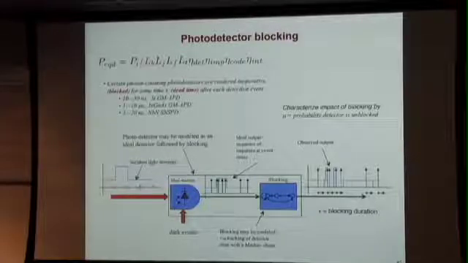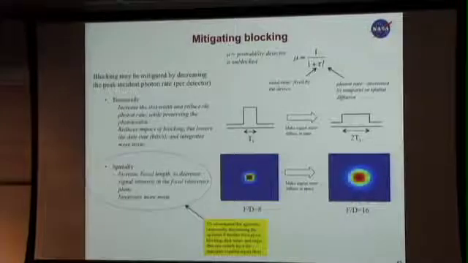Basically, it can be modeled via a Markov chain, because you just say, if you've already seen something, you're dead to the world for the next amount of time. This dead time is fixed by the device. And the important parameter is the dead time times the rate at which photons are coming. So if you want to reduce the effects of blocking, you want to reduce the rate at which photons are coming.